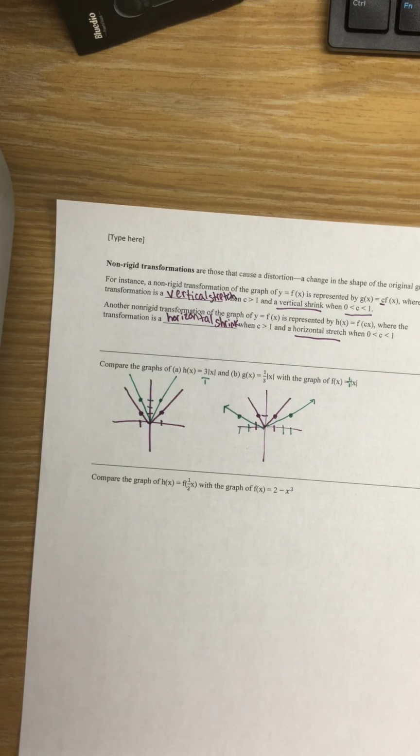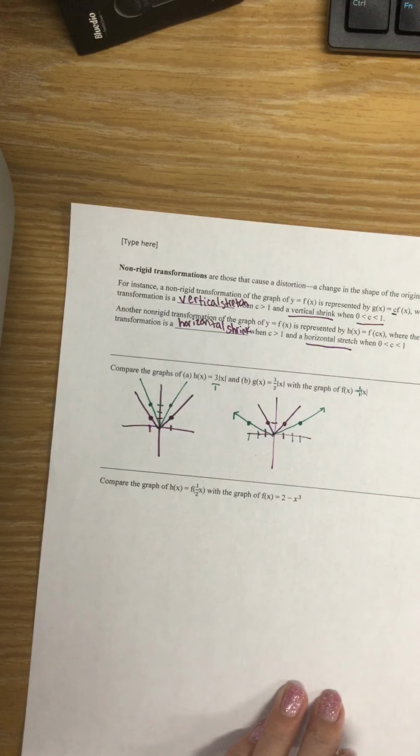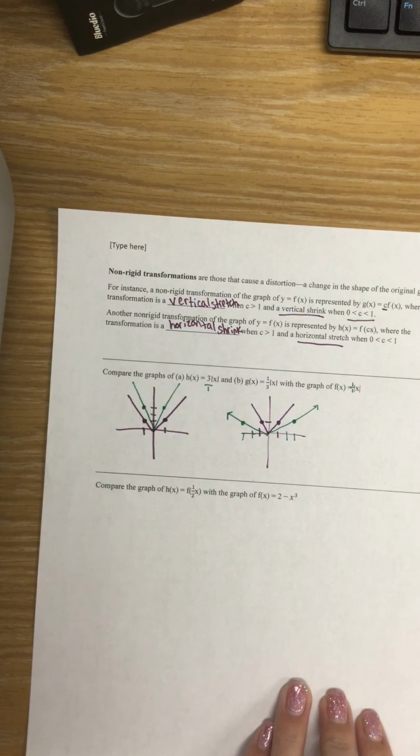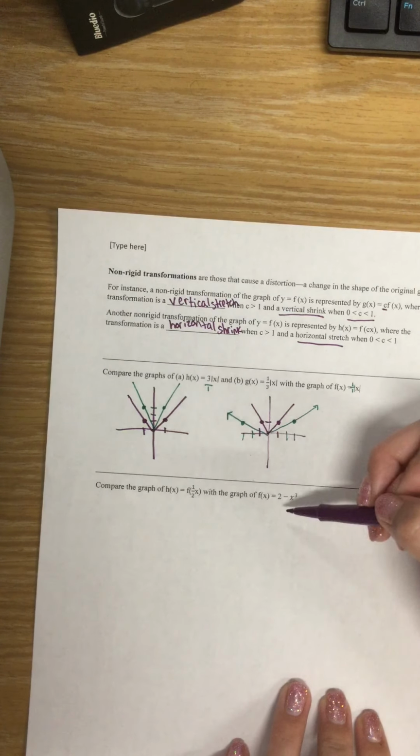Okay, last question. Compare the graph of h of x equals f of 1/2 x with the graph of f of x equals 2 minus x cubed. So we're comparing this to this.